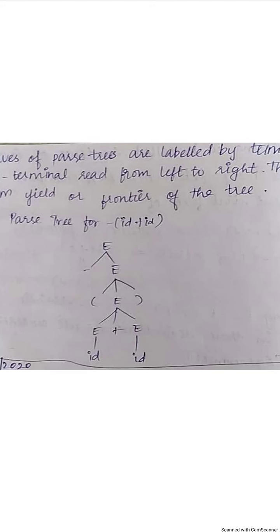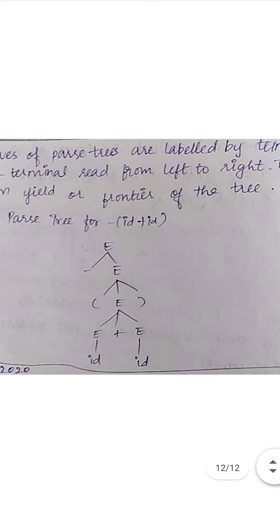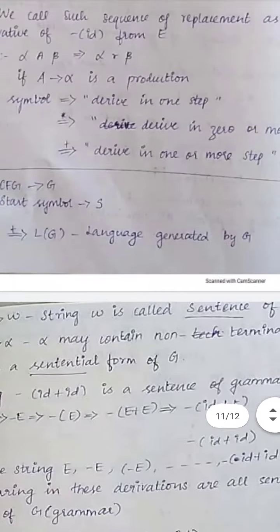The next important thing is that the leaves may be either a non-terminal symbol or a terminal symbol. And the final thing is that we have two things, yield and frontier. So these are the things about your parse trees.